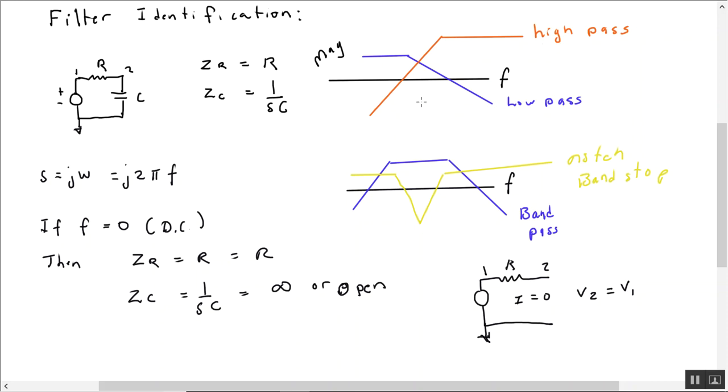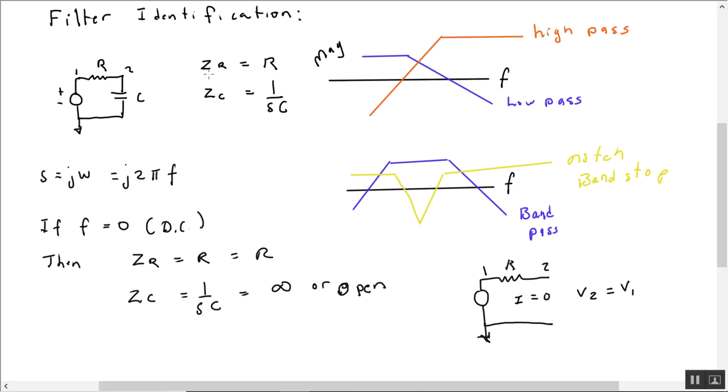And so for a high pass, right, it's the opposite. At lower frequencies, it's blocking and allowing the higher frequencies through. Now there's other kinds of filters: band pass, where it blocks low and high and lets through some in the middle, and notch or band stop, where it lets the high and the low through and blocks something in the middle, right?